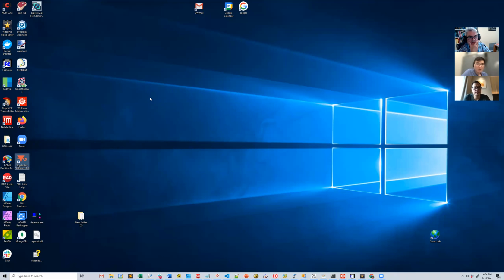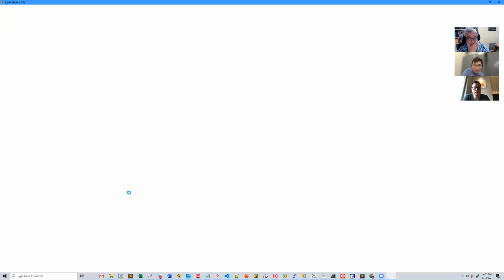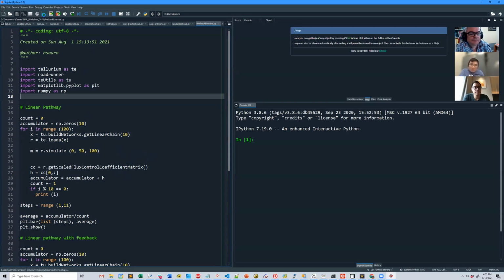This hopefully hasn't forgotten all the tabs. Okay, so it's slightly bigger. It sorts itself out.